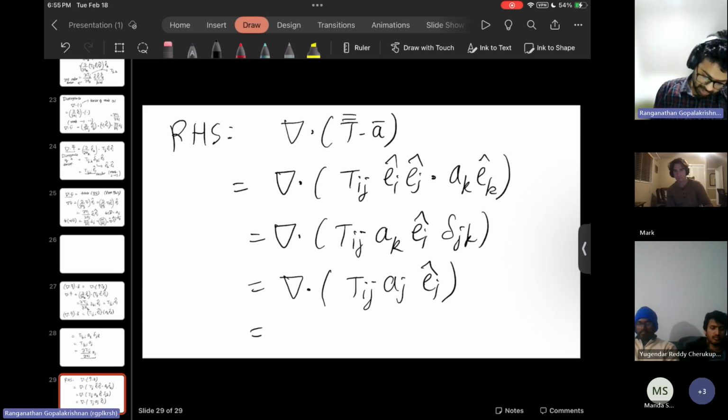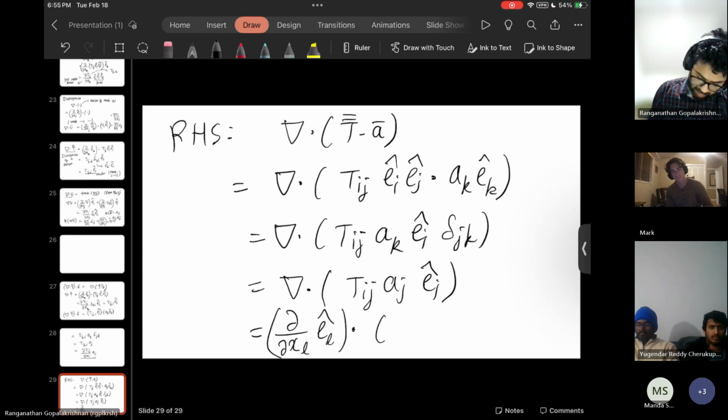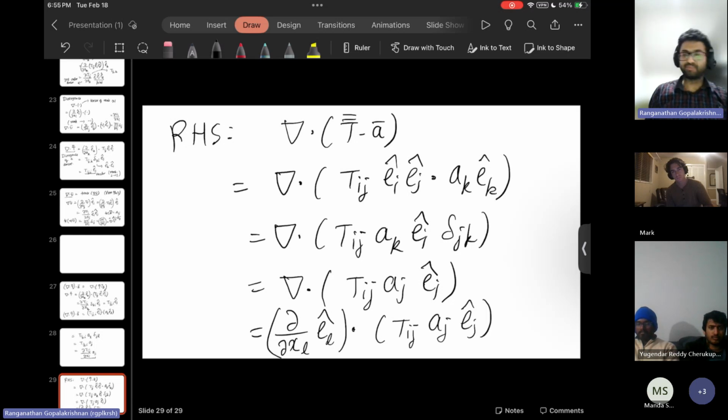And then divergence, now I can write this as partial x_l e_l dot T_ij A_j e_i.